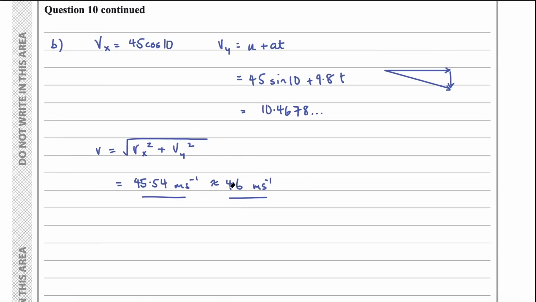The reason I say that is because if you got less than 45, that might be a reason to go back and double check your working out to see where you might have gone wrong. Also, if you got an answer way above 45, that would be another check to say, okay, I got a velocity of 1,672,000. That's way too fast. I need to go back and double check my working out. All right, so that's part B, 46 meters per second.